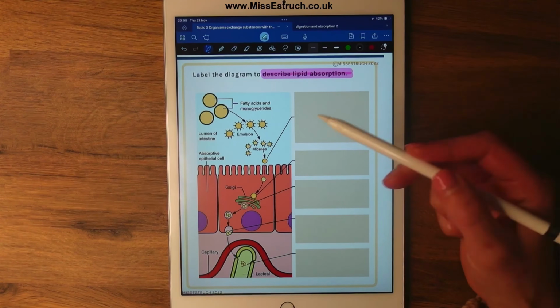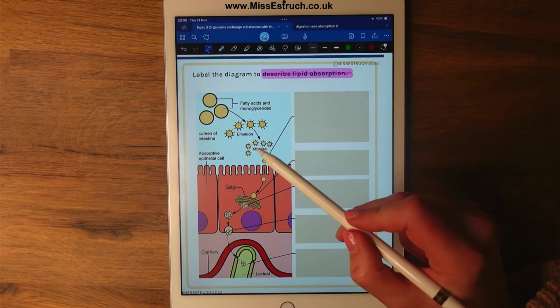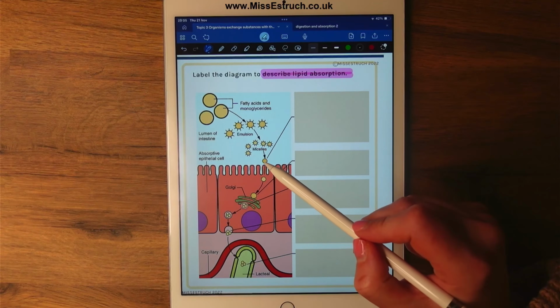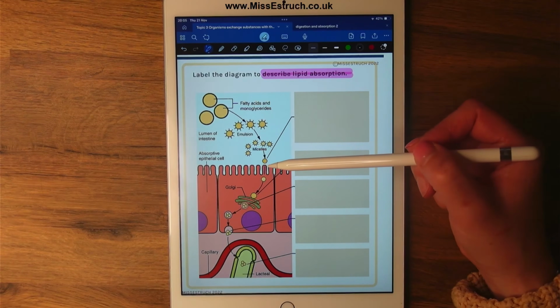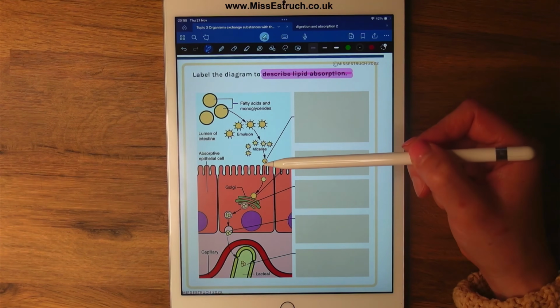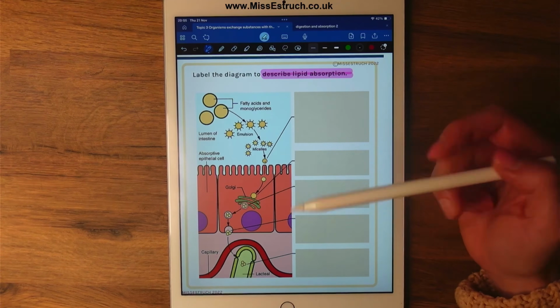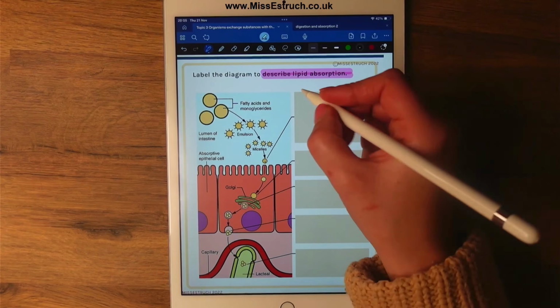This first picture is pointing at this circle. Those are the micelles. The micelles would have delivered these fatty acids and monoglycerides, and then it releases them at the cell surface membrane, so they can diffuse across that cell surface membrane. So that's what I'm going to say here.